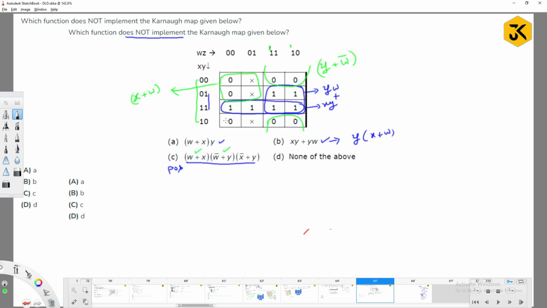And if you try to observe this one, here between these two, x is changing, y is not changing. So I can say that y plus, on x-axis again it will be like z is changing, w is not changing.